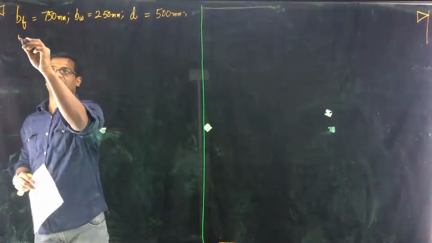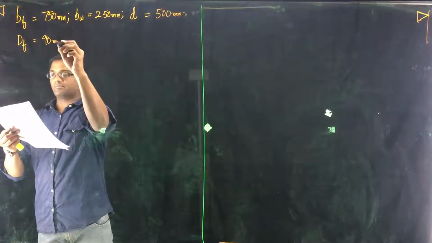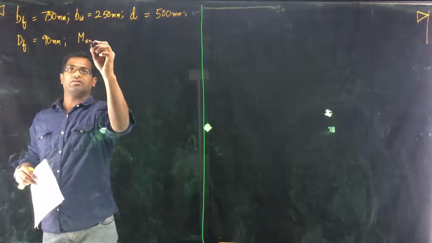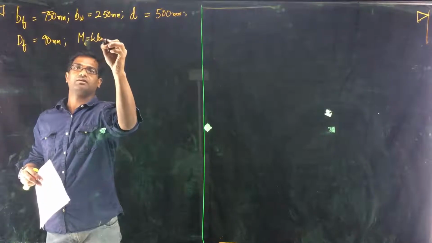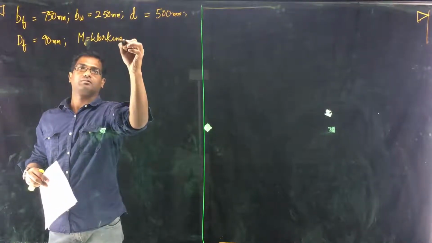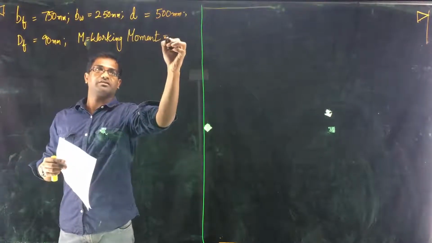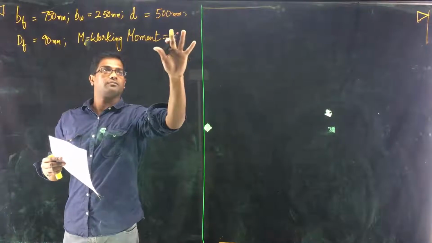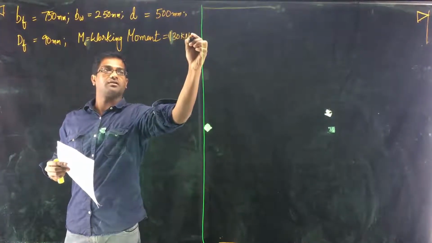Thickness of flange, we represent as DF, is 90 mm. Applied moment, here we should not calculate MU, rather it is the working moment. Working moment is given as 130 kilonewton meter.